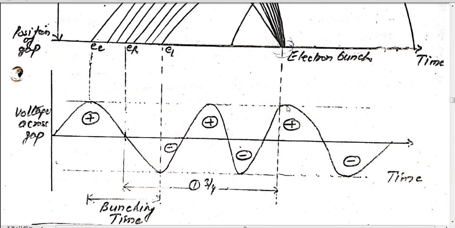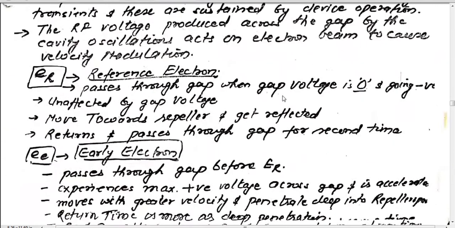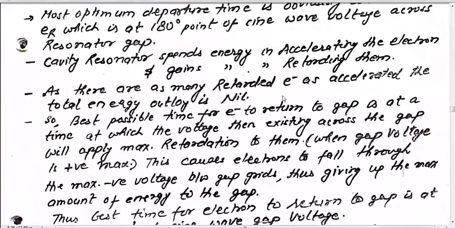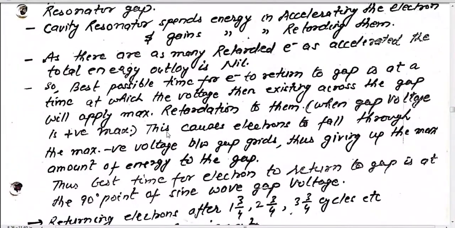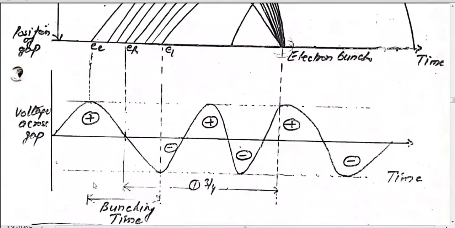At this time we are going to apply the maximum retardation force to this electron bunch. This causes electrons to fall through the maximum negative voltage between the gap grids, thus giving up the maximum amount of energy to the gap. And because we are going to retard them by maximum force, they will give their maximum energy to the space.